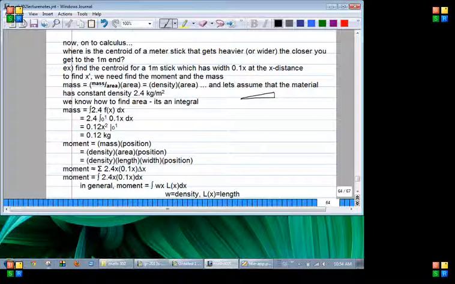We don't need weight. Okay. So, yes. So it's the density, which is W, times the position, which is X, then times our quote-unquote area, but area just comes from the length, which is our function L of X, times our so-called width, which is just dx. And then you do that integral.